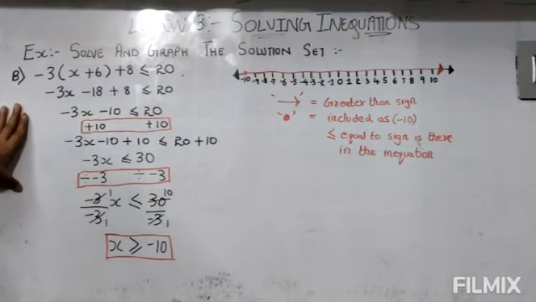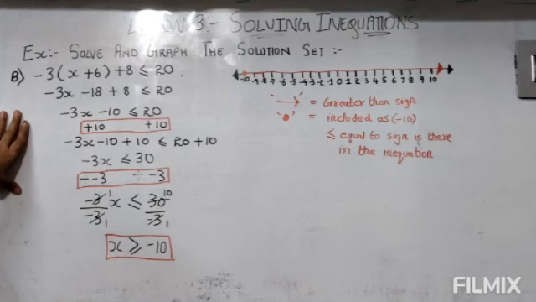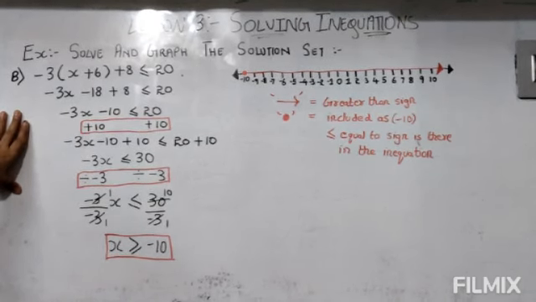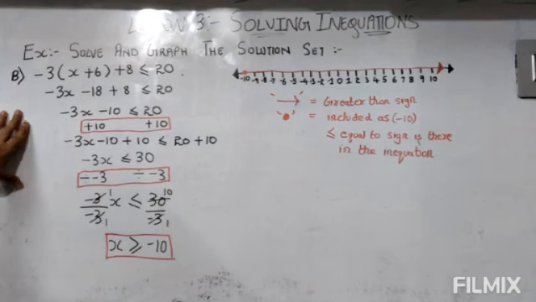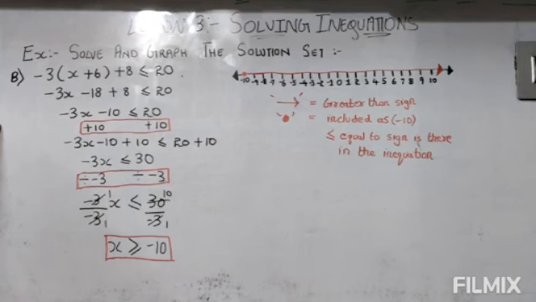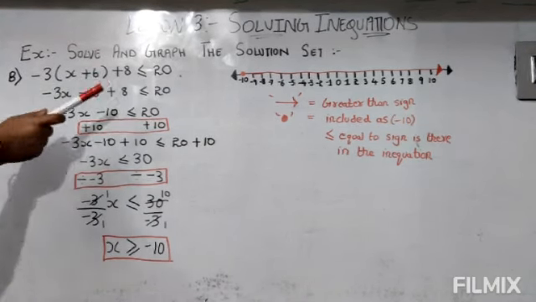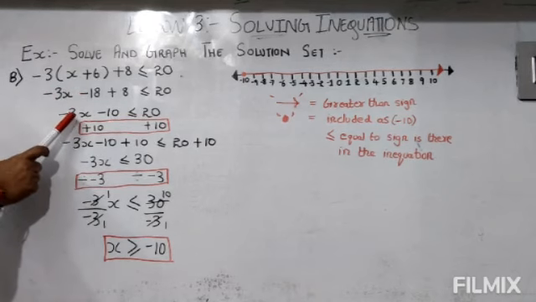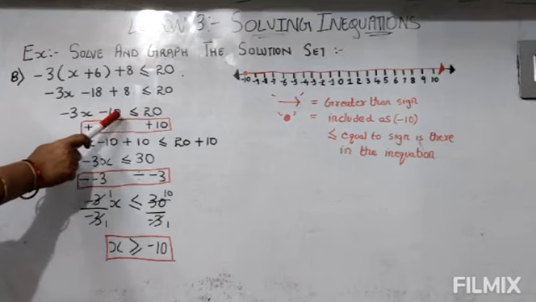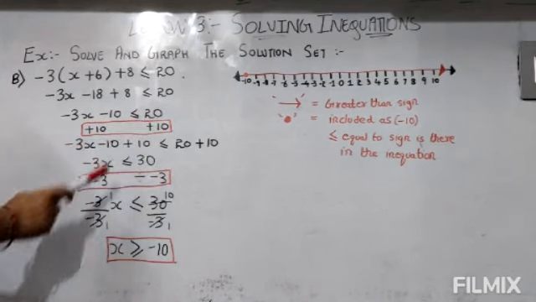So according to the property of inequation, you have to bring the variables on one side and the constants on the other side, isn't it? To perform this operation, you have to do the inverse operation here. Look here, minus 3x minus 18 plus 8 is minus 10 is less than or equal to 20.